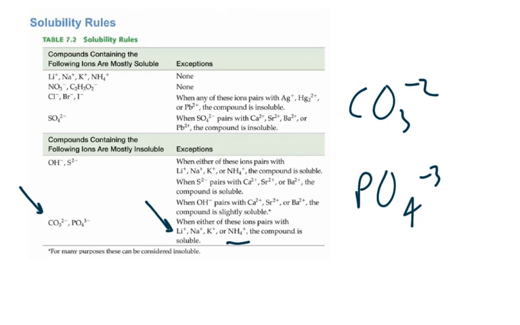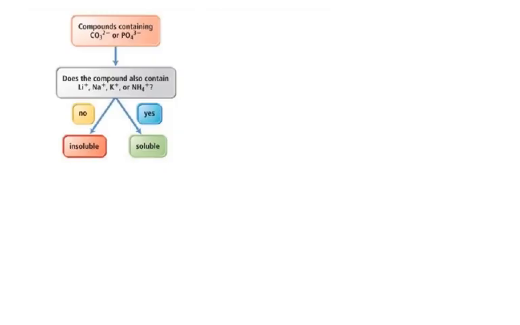If they're not with ammonium or an alkali metal, they're always going to be insoluble. So this is a very simple rule. Carbonates and phosphates, if they don't have a group 1 element or ammonium, if you answer no to that question, it's going to be insoluble.